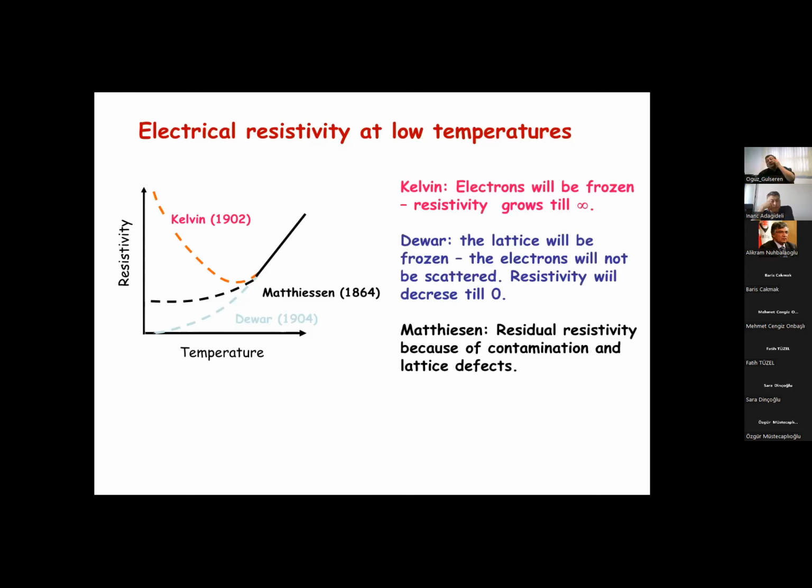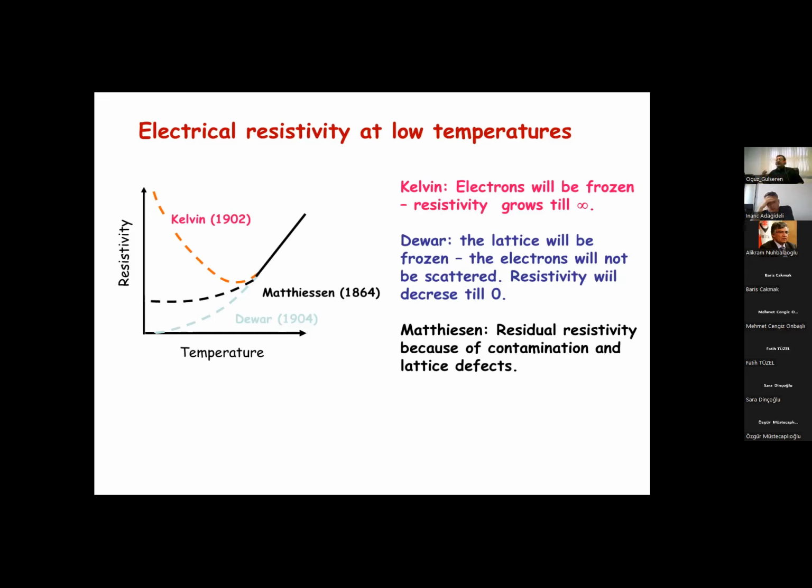So the original question at the beginning of the century: what will happen to this resistivity as you go to low temperatures? At that time there were three different stories around. Let me go chronologically, from Matthiessen. This is the oldest one, this black curve here. It says that the residual resistivity goes to a finite value because of the contamination, defects and so on, if you reach low temperatures, absolute zero.